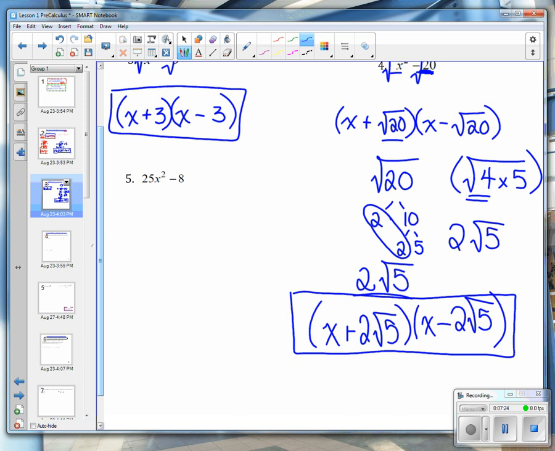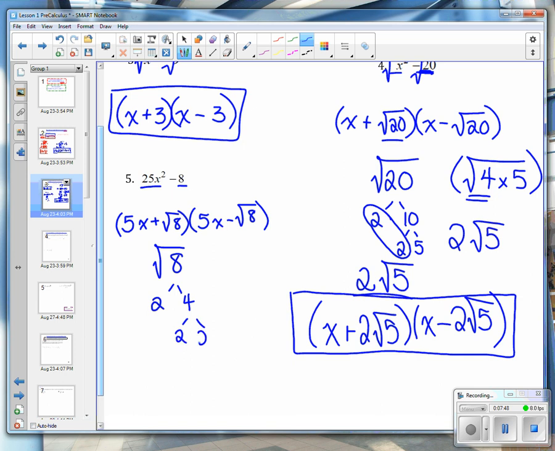The next question is exactly the same. So I'll just do this one kind of quickly. Again, difference of squares. Take the square root of everything. It's going to be 5x and 5x. That one's easy. The square root of 8. Again, it's not a perfect square, so we're just going to write that down. 1 plus 1 minus. Remember, square root of 8, we're going to reduce it. So that would be 2 and 4, and then let's say 2 and 2.